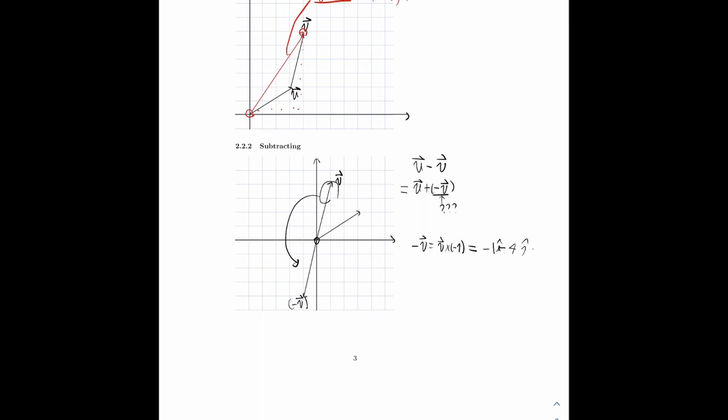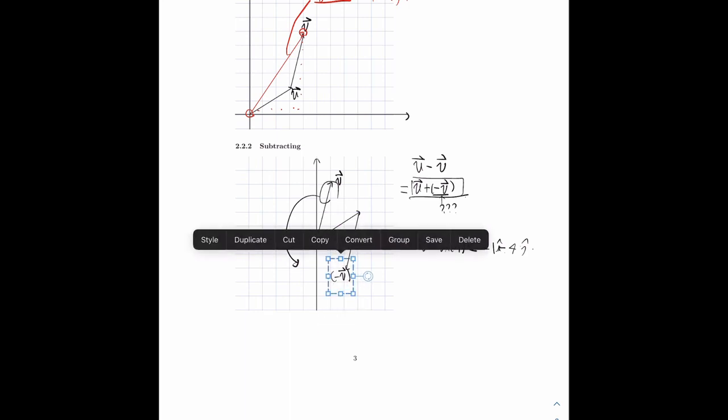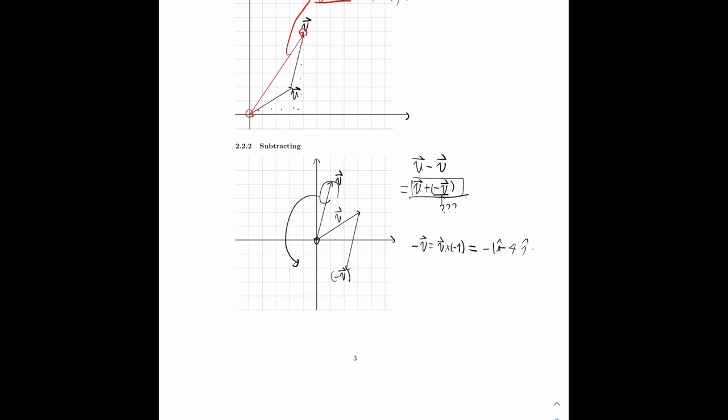Now, to do this operation here, we just need to take negative v, connect the tail of that to the tip of vector u, and we have our resultant vector here, u minus v, which is, again, if you do components, it goes 1, 2 in the positive x direction and 1, 2 units in the negative y direction, which gives us 2 times i hat minus 2 times j hat.